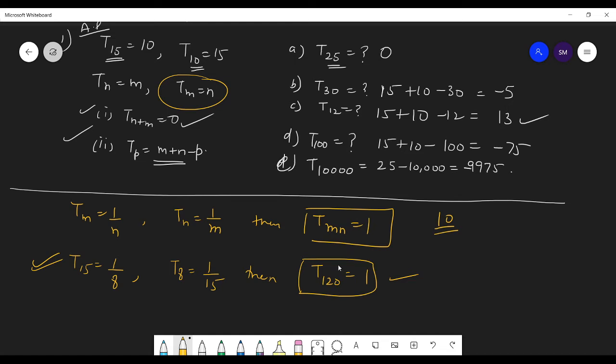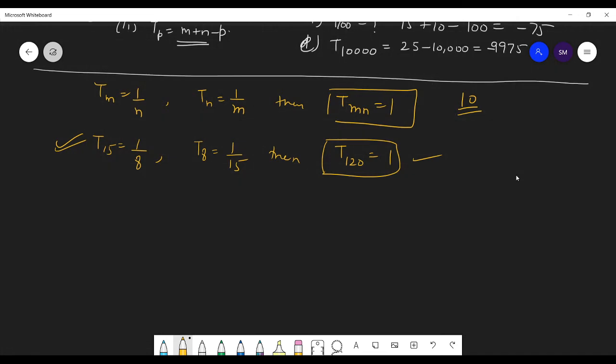Now can you just prove this relation? If Tm is equal to 1 by n and Tn is equal to 1 by m, then T(mn) is 1. Can we prove this? It's quite simple.